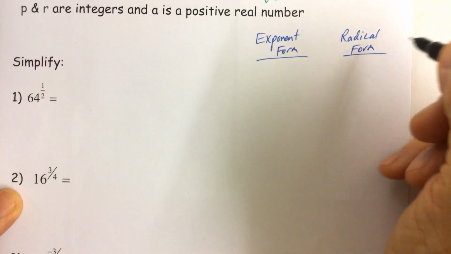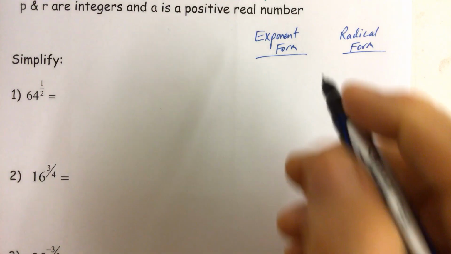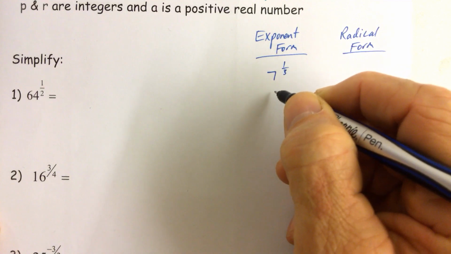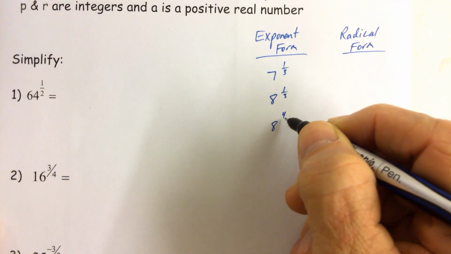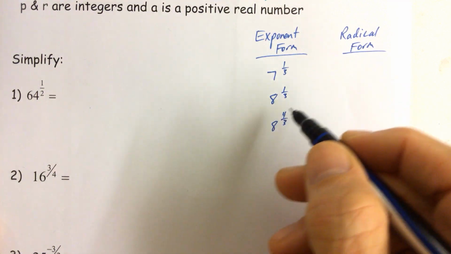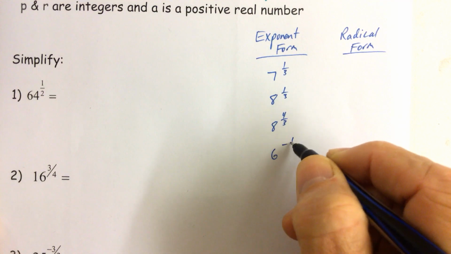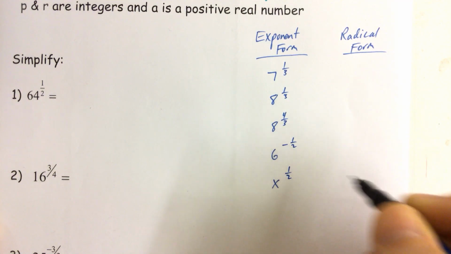Exponent form would be things like 7 to the 1/3, or 8 to the 1/3, or 8 to the 4/3, and things like that. These are all numbers to some rational exponent, even 6 to the -1/2, or x to the 1/2.